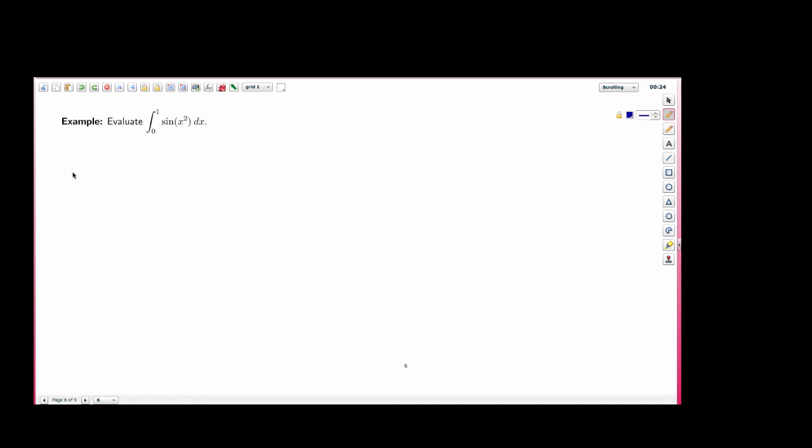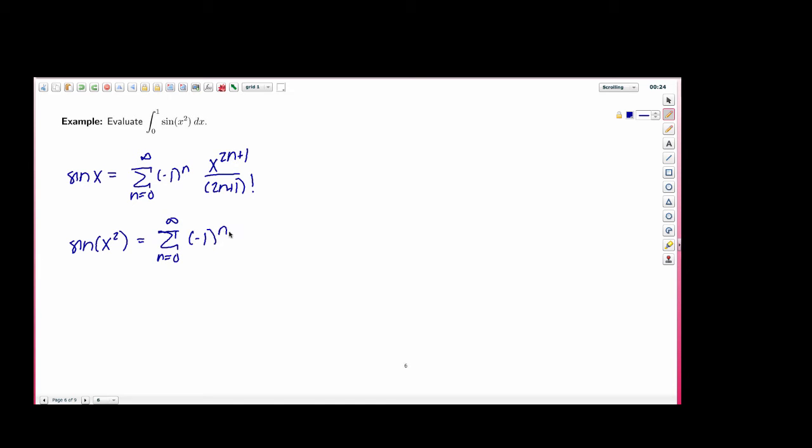So what we're going to do is start with our series for sine of x, which is the sum from n equals 0 to infinity of (-1)^n x^(2n+1) over (2n+1) factorial. Now, if I want a series for sine of x squared, I take my series for sine of x, and everywhere there was an x, we put in x squared.